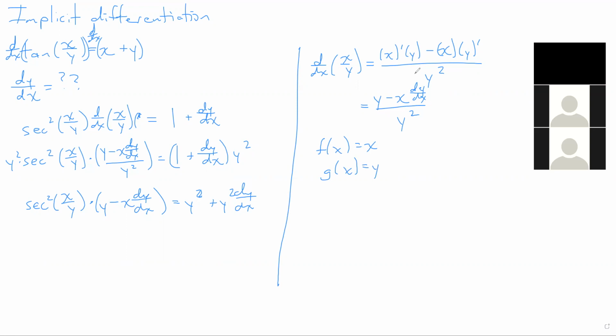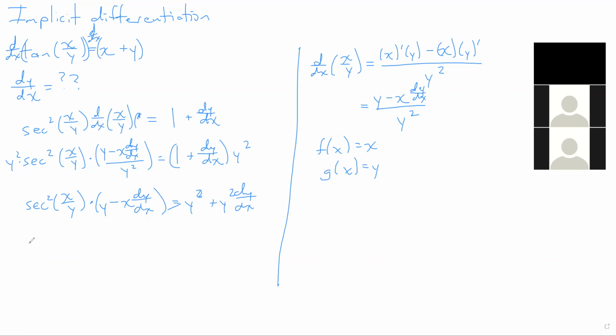Basically, to the right of the equal sign on that first line, that is me setting up a quotient rule. Okay. All right, so from there, why does it become y squared plus y squared dy/dx? Yeah, so I just distributed this y squared over here. Oh, okay.